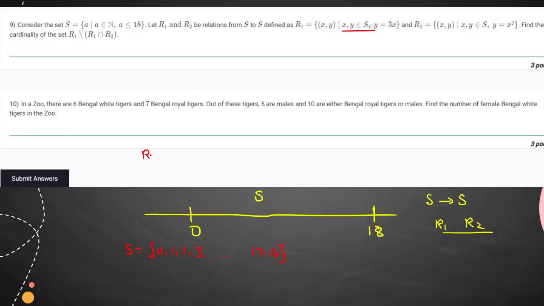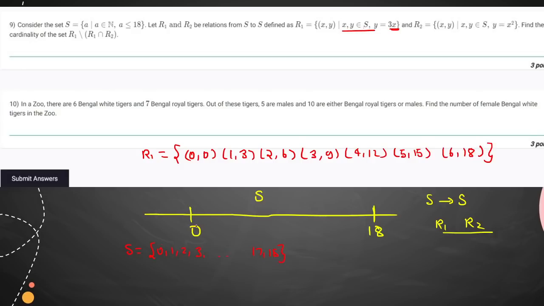R1 is x comma y such that x and y belong to set S and y is equal to 3x. When we substitute x as 0, it will be 0 comma 0, then 1 comma 3, 2 comma 6, similarly 3 comma 9, 4 comma 12, 5 comma 15 and 6 comma 18.